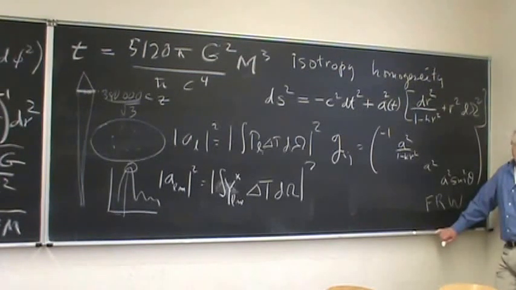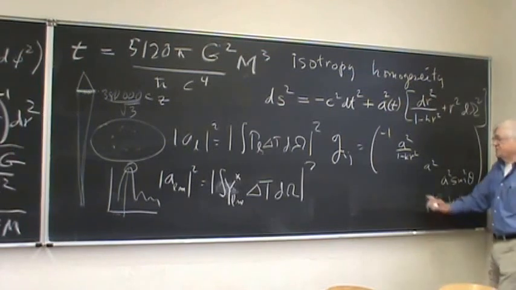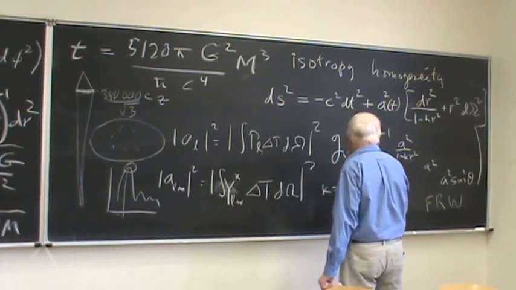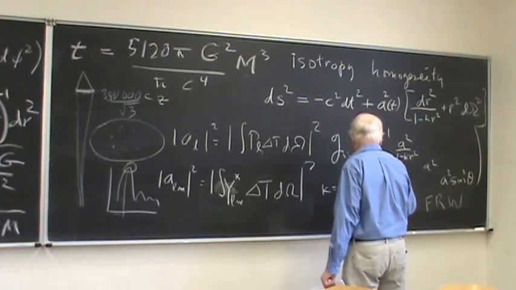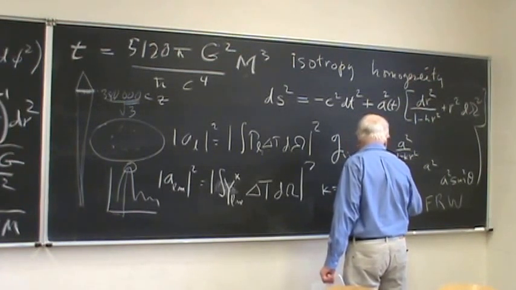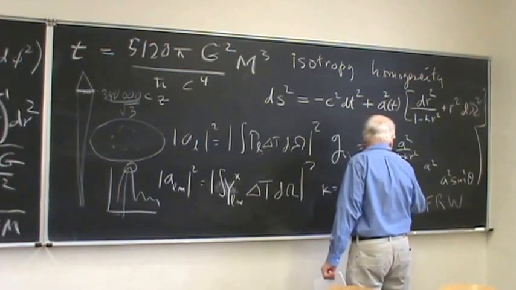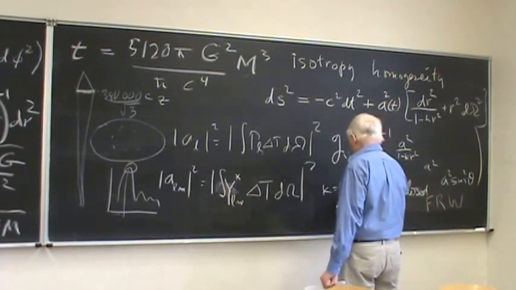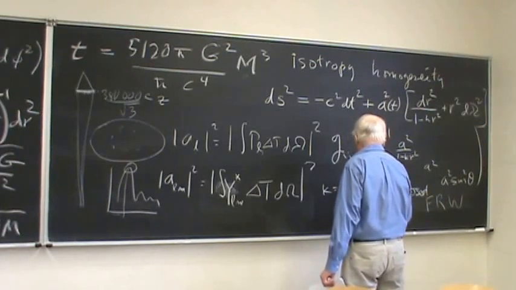I've been talking a lot about embedding spaces. All right, there are 3 cases. Let me just tell you about this. K equals plus 1 is compact, equivalently closed. K equals 0 is just flat.